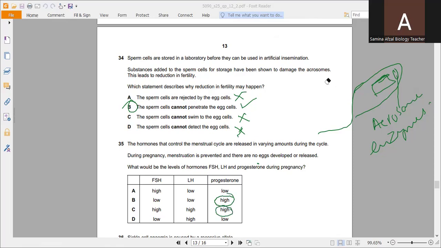Luteinizing hormone should be low during pregnancy, because there is no need for the release of a new egg. And no follicles should be maturing at that time. So according to this, B is the correct option. In A, C, and D, follicle stimulating hormone and luteinizing hormone should be low in comparison to progesterone, which should be high during pregnancy.